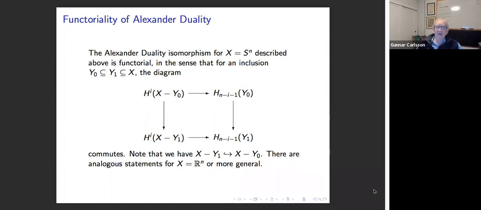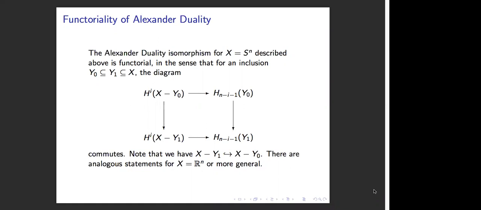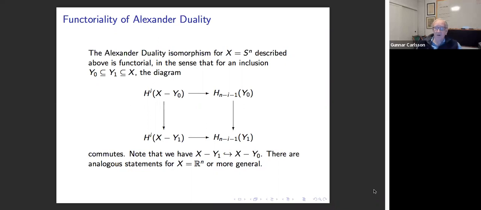The map on the left comes from the fact that X minus Y1 is contained inside X minus Y naught, because they are smaller. And so I get a cohomology map going in the opposite direction. The horizontal maps are the duality isomorphisms. And this is a key statement here: this is the functoriality for the computation of Alexander duality.